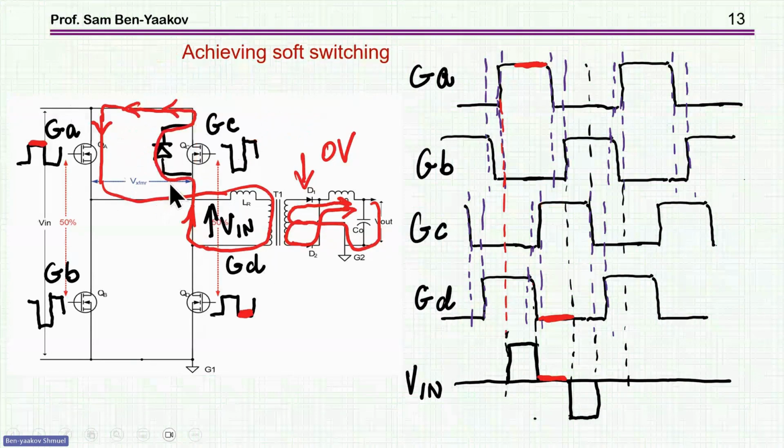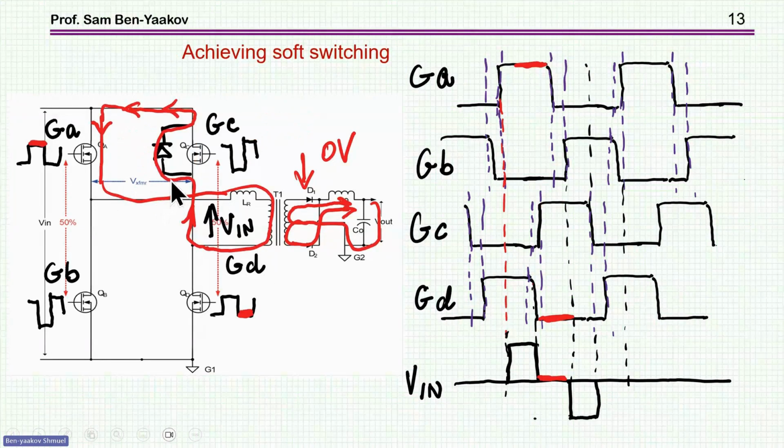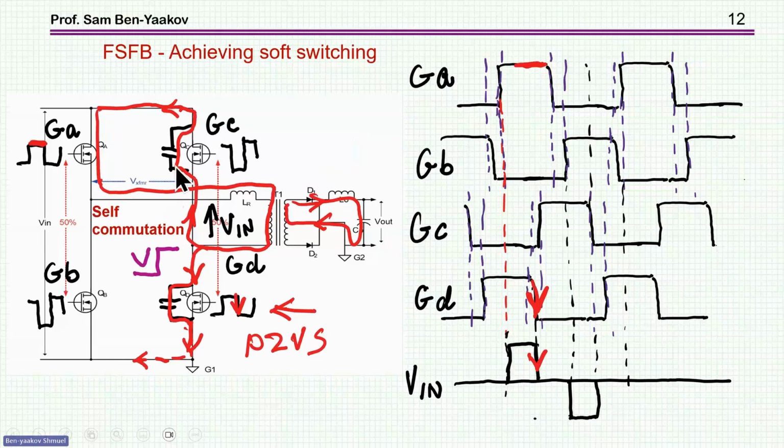And then we are locked to an idle or idling state in which the current is circulating here, actually doing nothing. Before that, let me just point out that what is important again here in the operation is charging this capacitor, so that the current, which is a reflection of the output. The current here is a reflection of the output, so you have to have sufficient output current, sufficient load. The power should be high enough, so you have sufficient current to charge this capacitor.